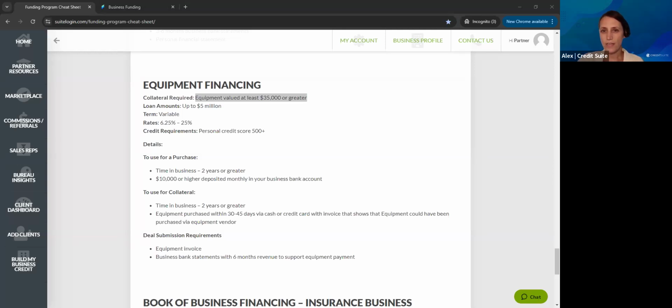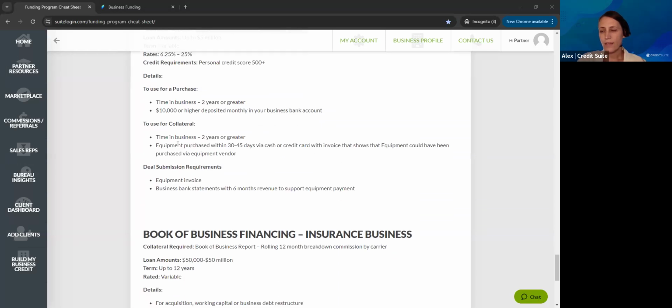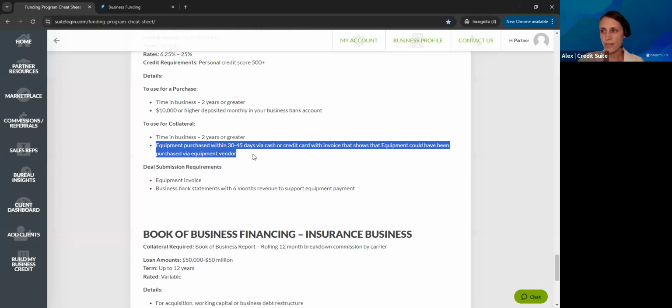And then going into what to use for collateral, this is the one thing that sometimes causes questions. So I like to point this out. So the time in business, 2 years or greater, okay.